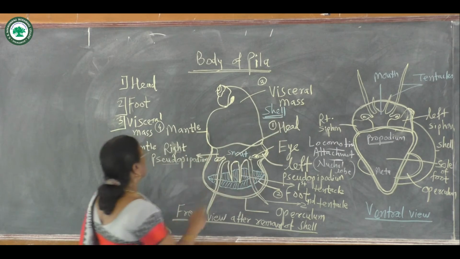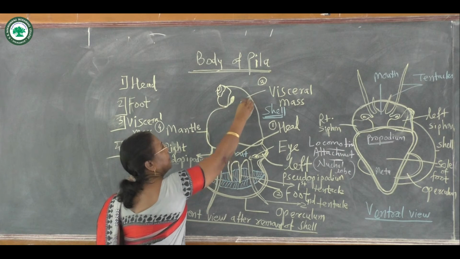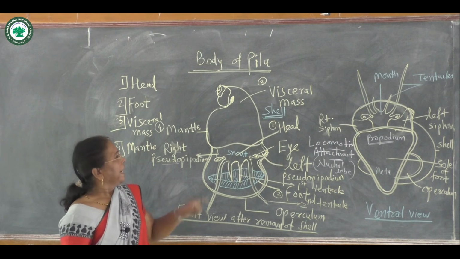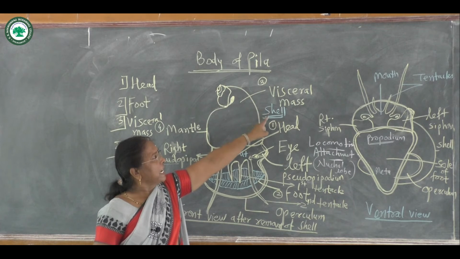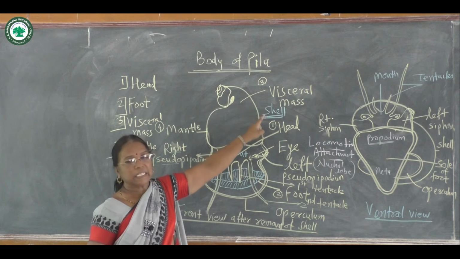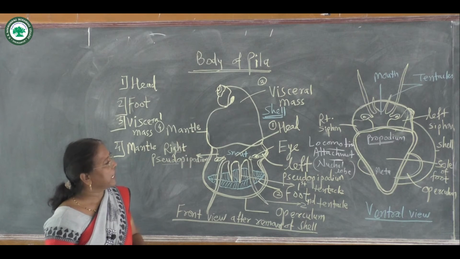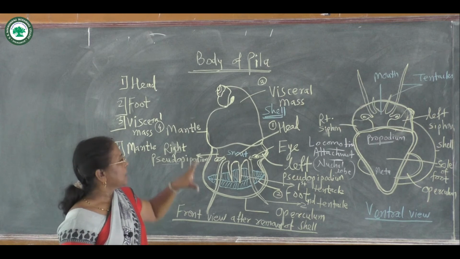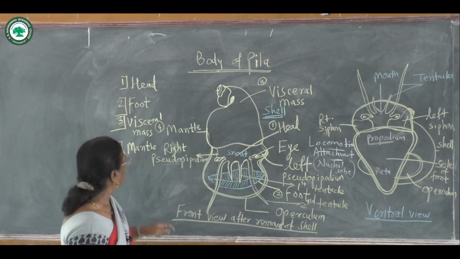Means this mantle, which is a glandular muscular wall, contains the shell secreting gland. Shell secreting gland secretes calcium carbonate deposition and it forms the shell, which is the hard part. It protects the animal, and the soft body of the animal can be protected by this shell.